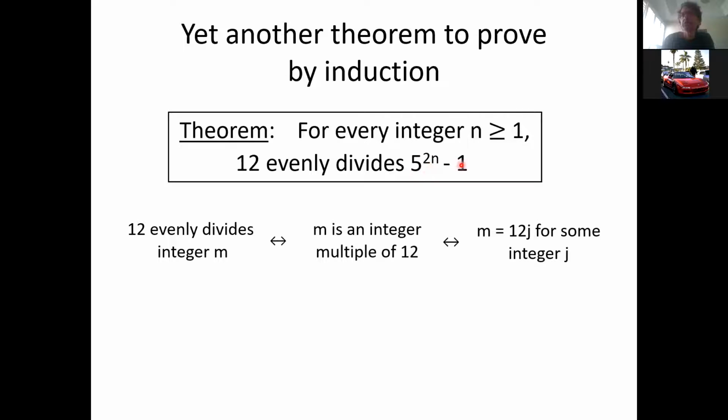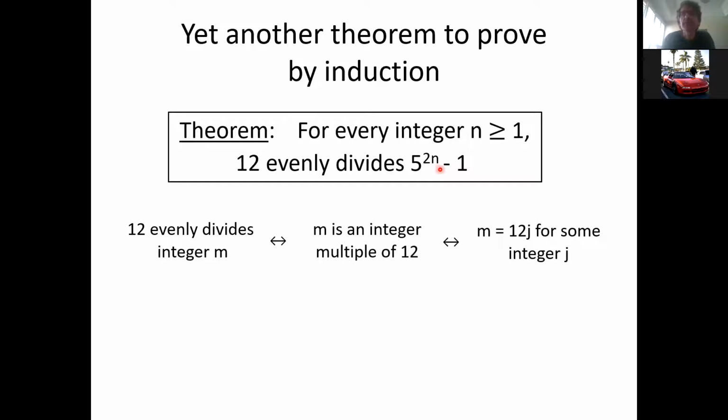It's a little funny to see because this is a power of 5 and you subtract 1. So, this is always an odd number and you subtract 1, so you get an even. Okay, so it's divisible by 2, but why is it divisible by 12? That's a little harder to see directly. But actually, it's very easy to show by induction.